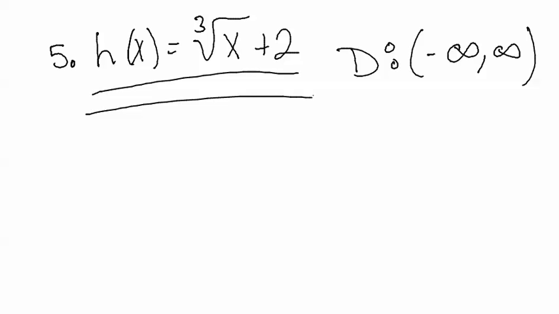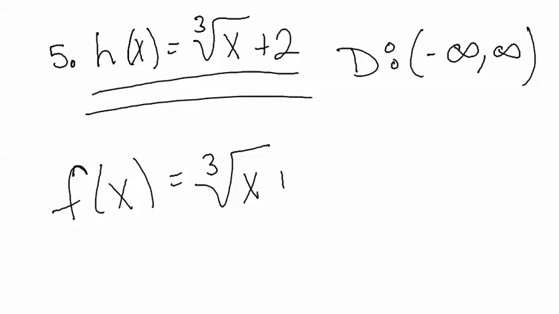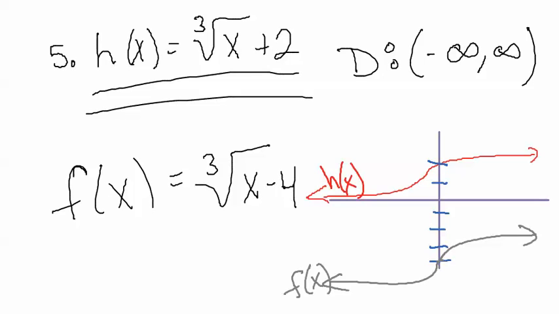There's a couple of things I want to point out too. When you're done graphing that, also graph the function cube root of x minus 4. Go ahead, pause that, and then compare the two.